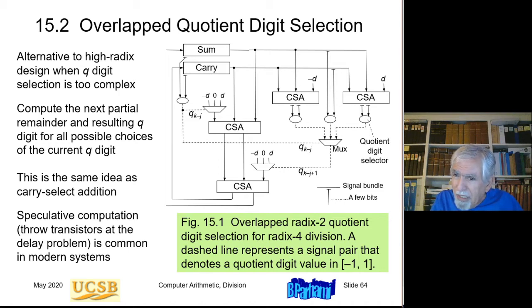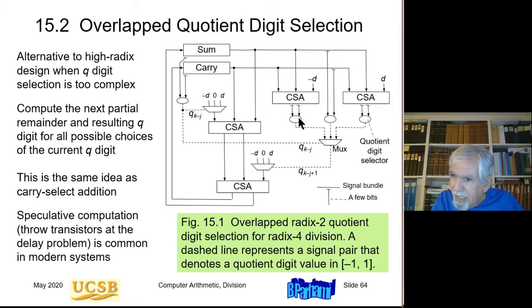So let's look at the critical path. So this second quotient digit selection, the only thing it adds to the cycle, see this part, CSA and quotient digit selection completely overlaps with here, because here I have quotient digit selection and CSA.